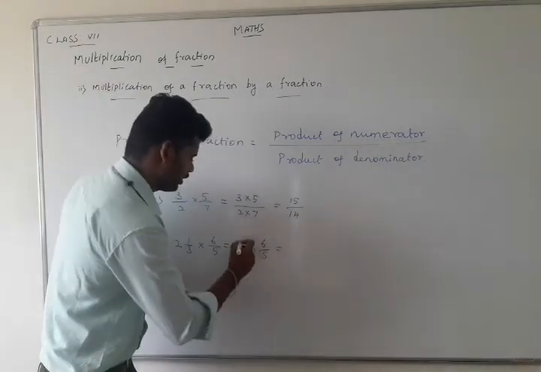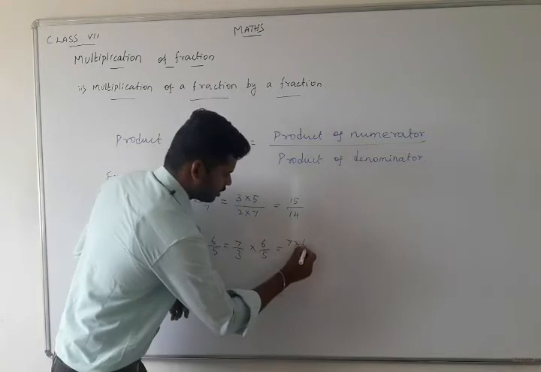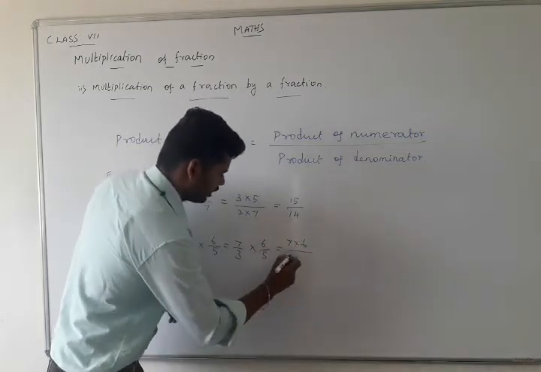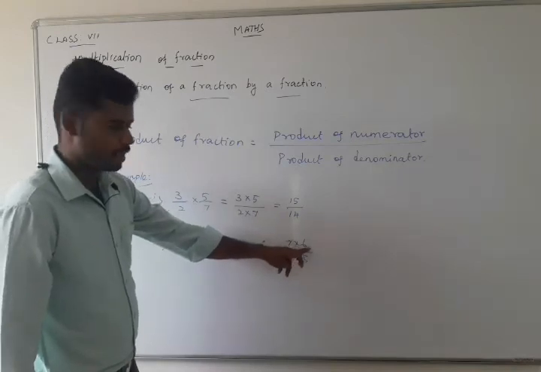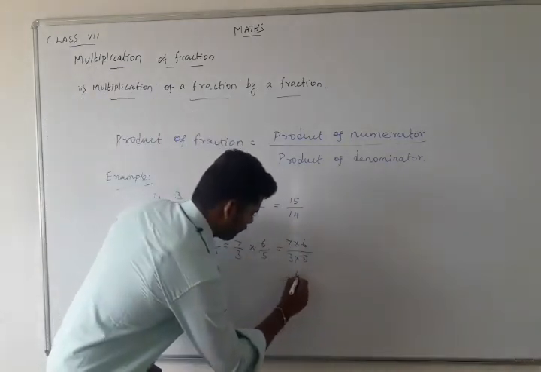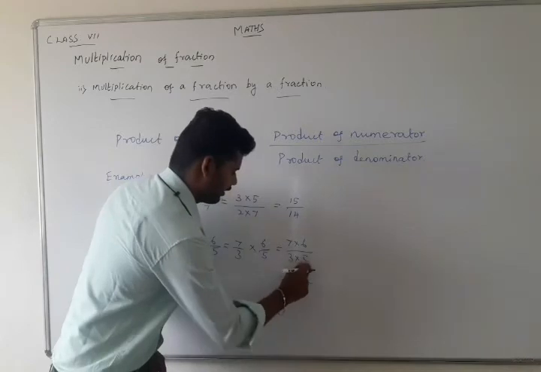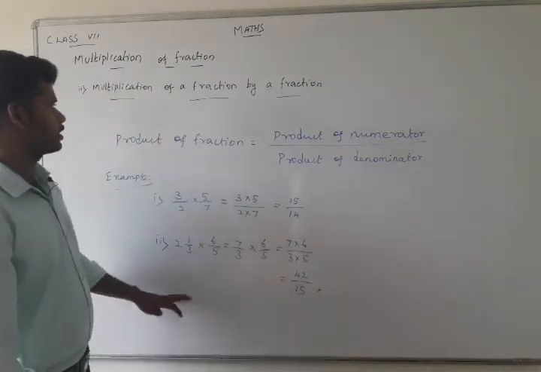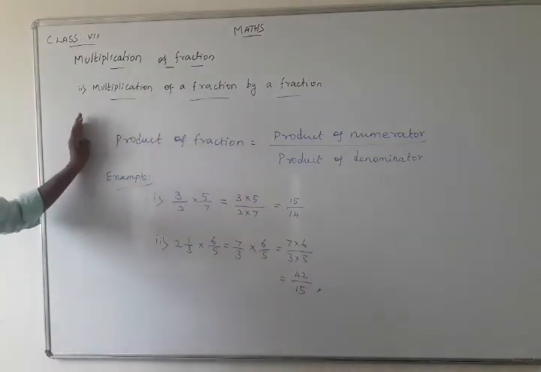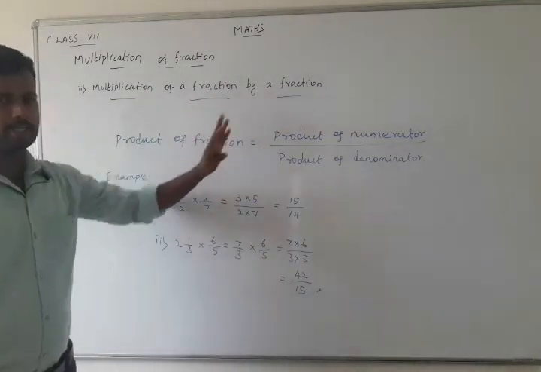This one to multiply: 7 into 6 divide 3 into 5. 7 6s are 42 divide 3 5s are 15. This is for multiplication of a fraction by a fraction.